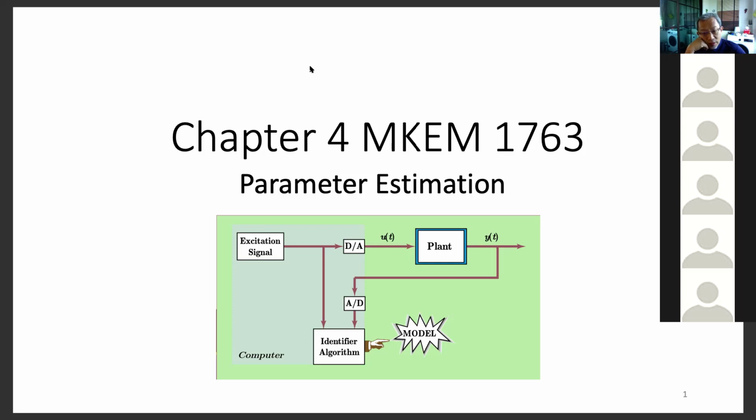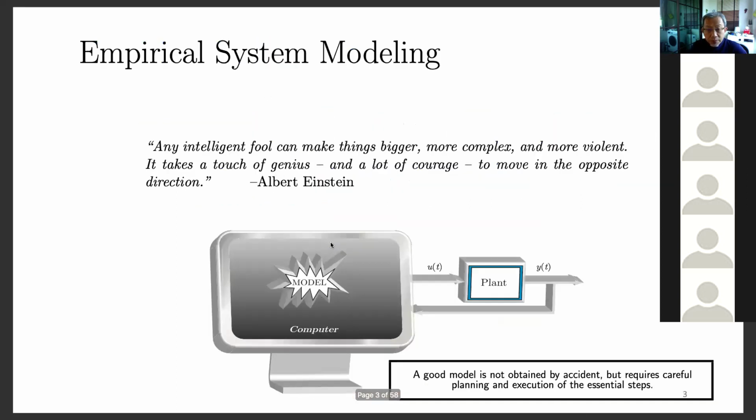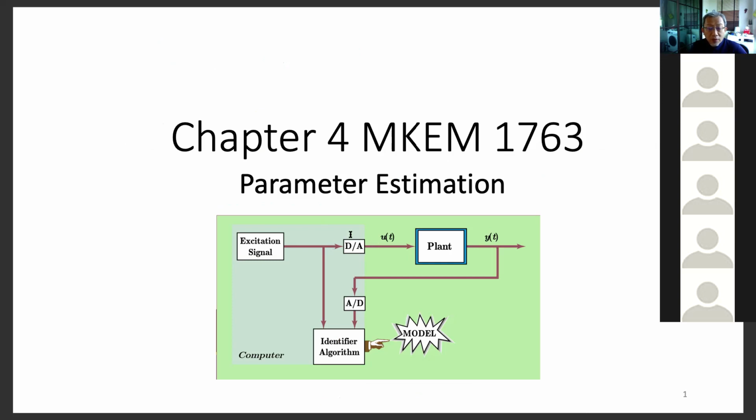Basically, the concept is shown in this picture, where you have excitation signals, okay? Then you have a digital to analog converter for data collections, into the plant, where the analog signal will be injected to the plant. And then the output will be captured by analog to digital converter.